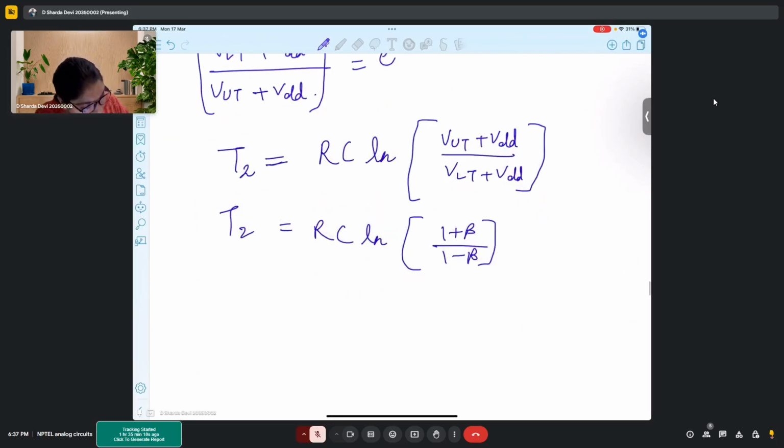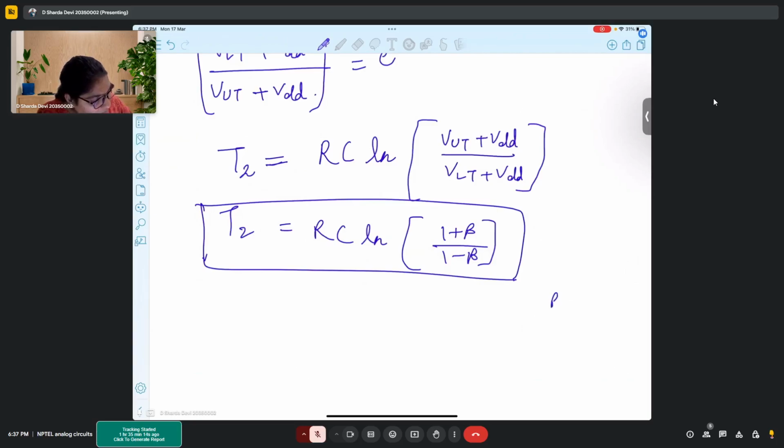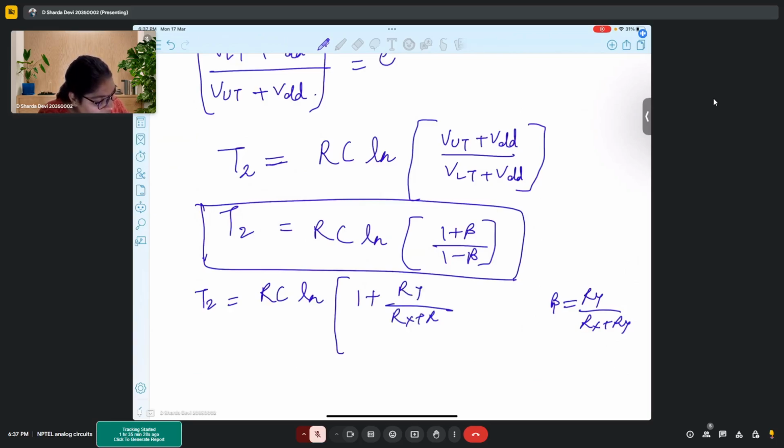This is T2, and since beta is again Ry upon Rx plus Ry, T2 is Rc ln 1 plus Ry by Rx plus Ry over 1 minus Ry by Rx plus Ry.